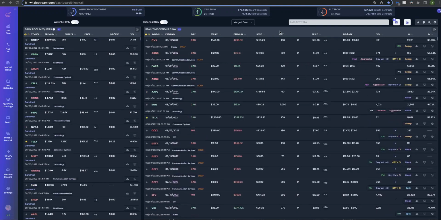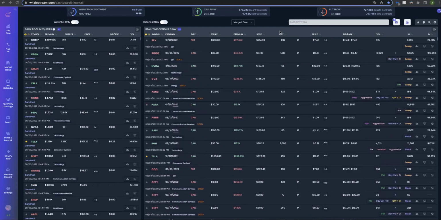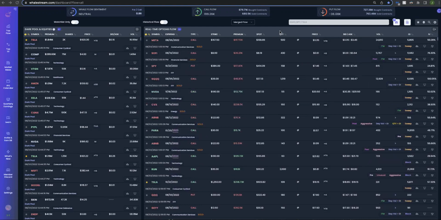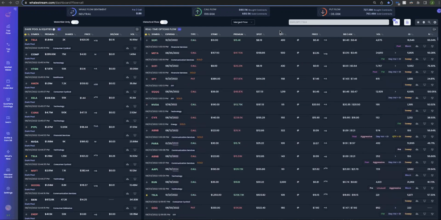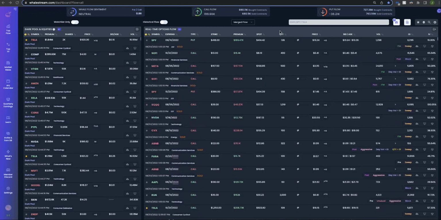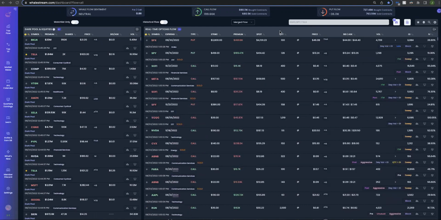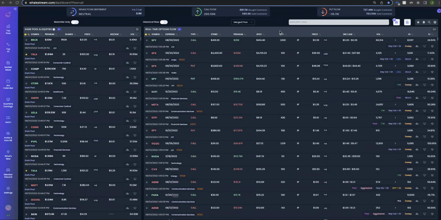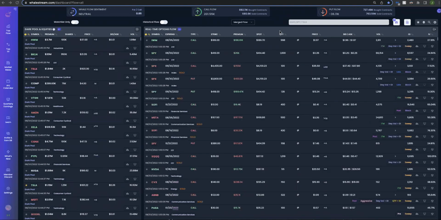So first, I'll explain what our platform is, which is an unusual options / options flow and dark pool monitoring platform. Options flow is like the time and sales on the stock side. This is the time and sales of options.